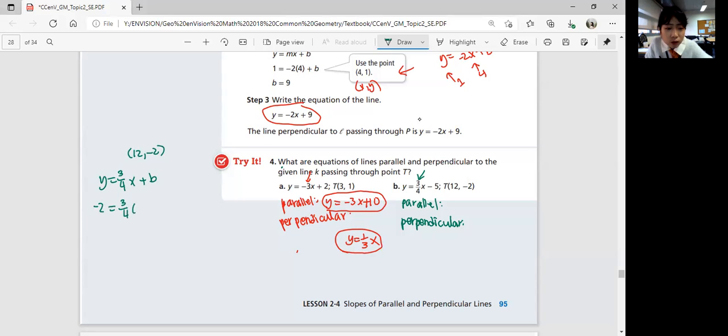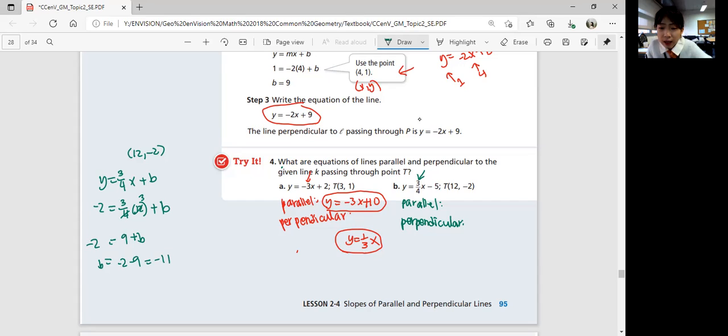When you plug in 12 for x, you should get negative 2 as y, and you're solving for your y-intercept that makes this true. Okay, so let's simplify it. Let's first multiply the slope and this x, and so you get 9 plus b equals negative 2, and your b is going to be negative 2 minus 9, which is negative 11.